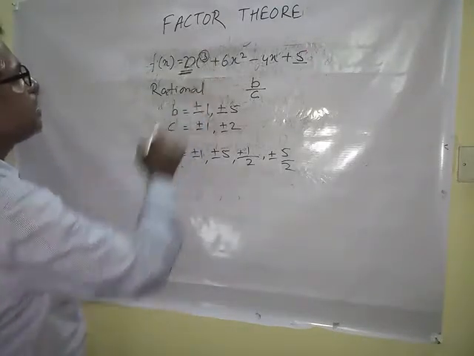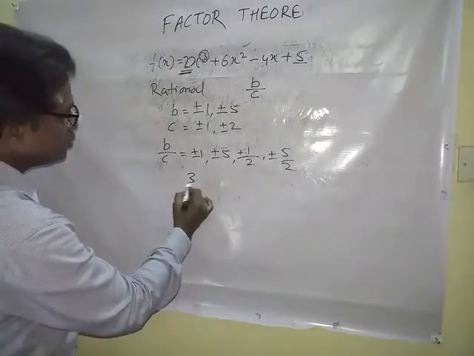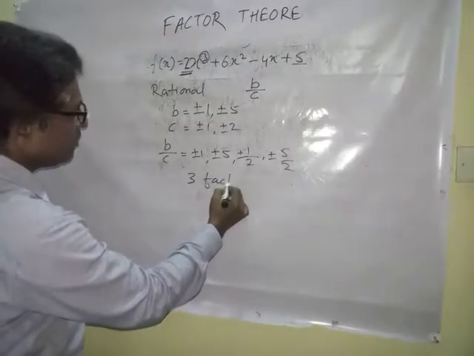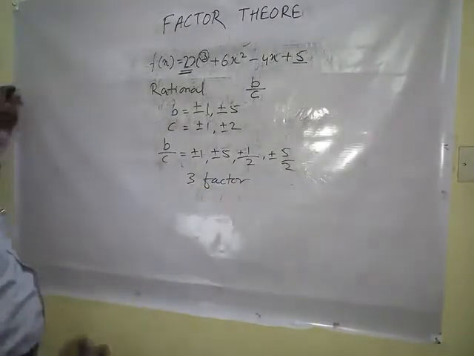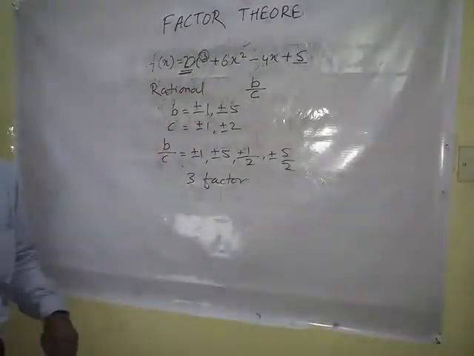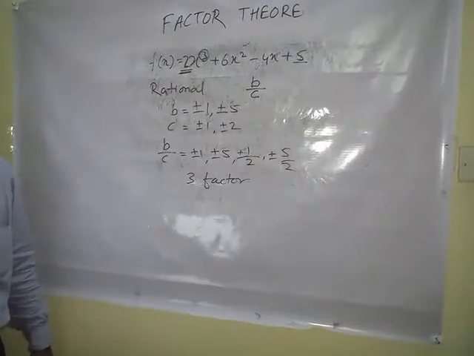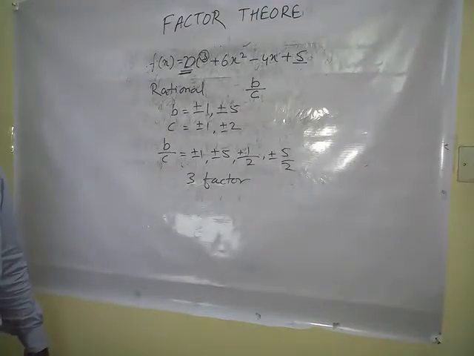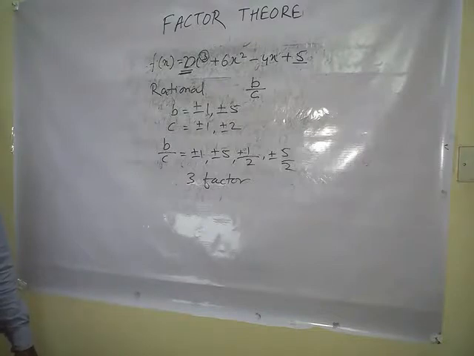Since its highest degree is 3, there will be a maximum of 3 factors. So you can go only up to the place where you can find the highest degree of the factor.